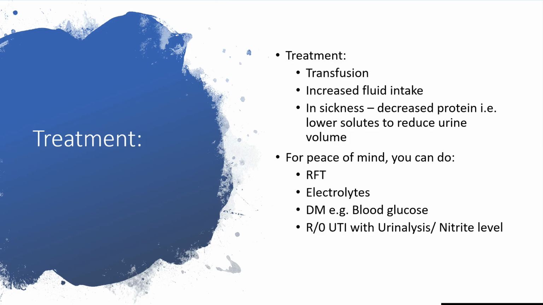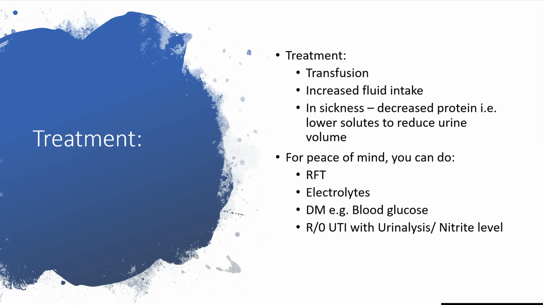In sickness, please try to decrease the protein intake so as to lower the solute load and reduce urine volume loss. For peace of mind as a physician, you can do renal function tests just to be sure you are dealing with only hyposthenuria caused by the sickle cell disease hemoglobin SS problem, or AS as the case might be, not because of any other problem anywhere.